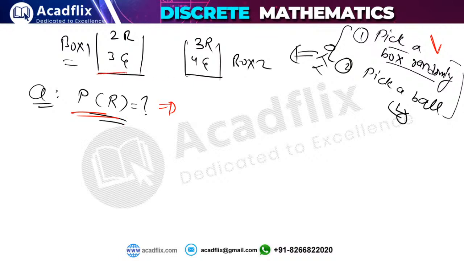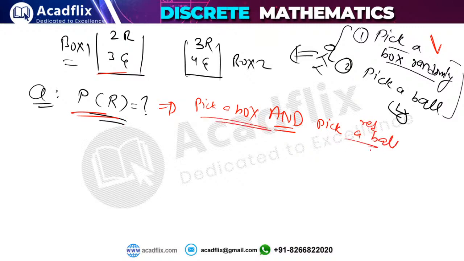So basically what you are doing is pick a box and pick a red ball. This is what you want. So this is AND. Because of this AND, the product rule means multiplication will come. So pick a box. You have two boxes, so you can pick any of them.